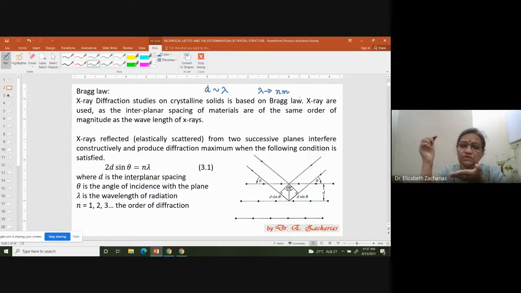So it will not be able to penetrate and look at the atoms. It will just see a continuous surface. But when you allow X-rays to fall on the material, it will be able to see these individual atoms sitting at the lattice points.